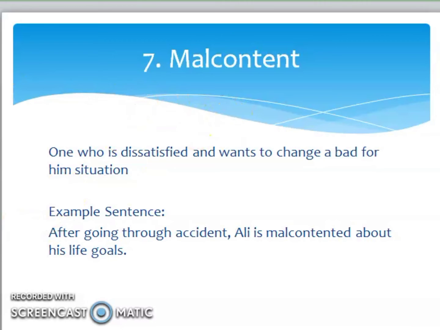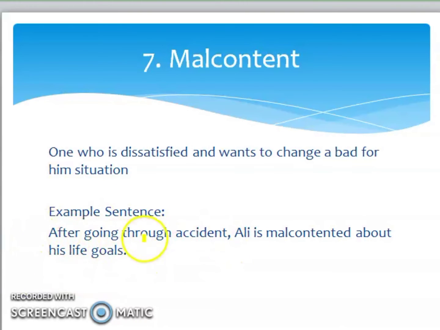Malcontent. One who is dissatisfied and wants to change a bad situation for him. There is a typing mistake, I would ask you to ignore it. Example: after going through the accident, Ali is malcontented about his life goals.